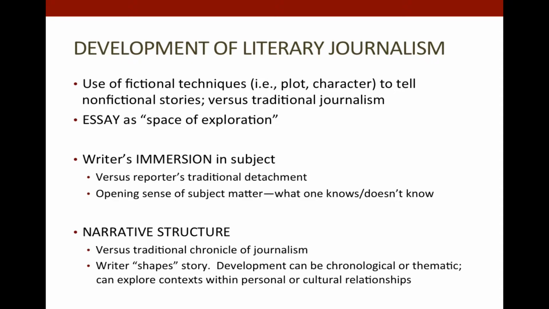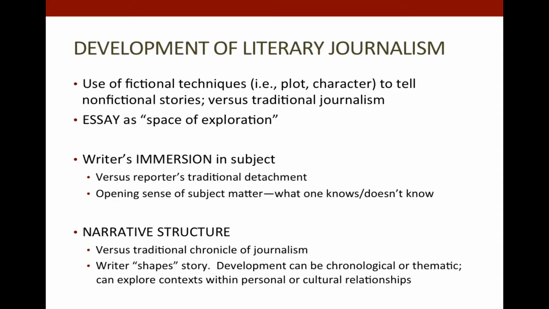Second, the narrative structure of the work of literary journalism versus the traditional straight-up chronicle or history that journalism attempts to tell of the basic aspects of the events themselves and how they were connected. The writer of literary journalism can shape the story in some ways.